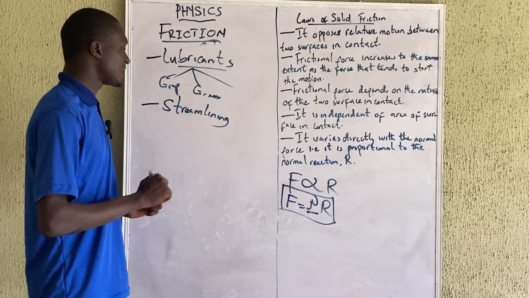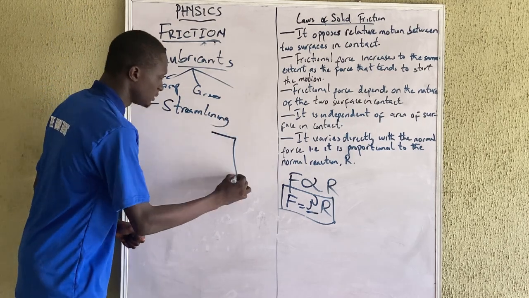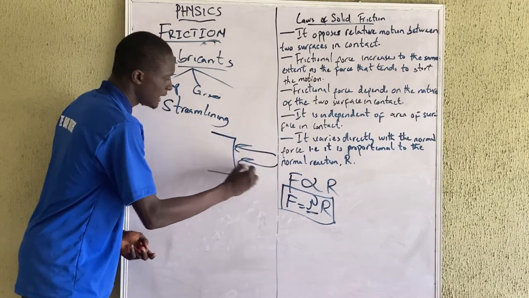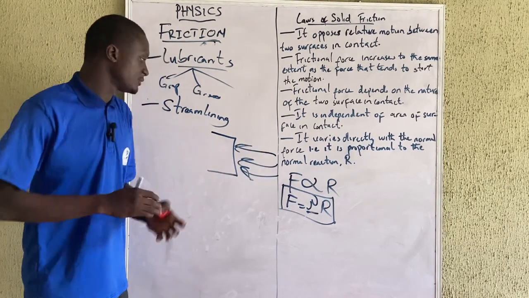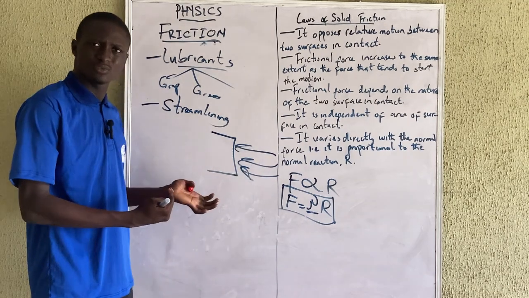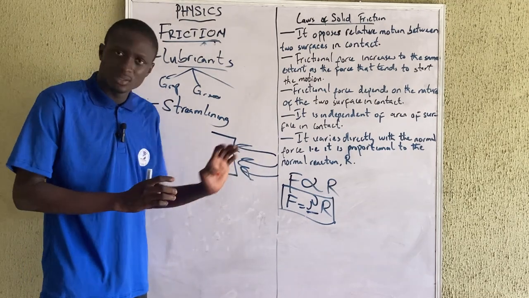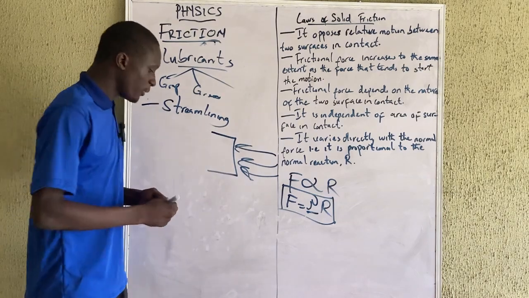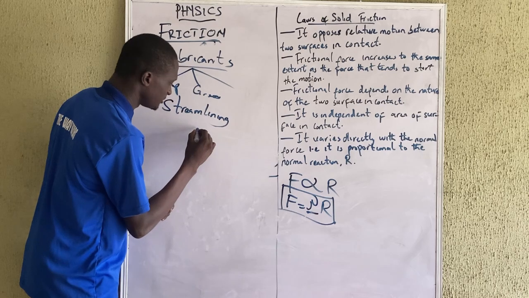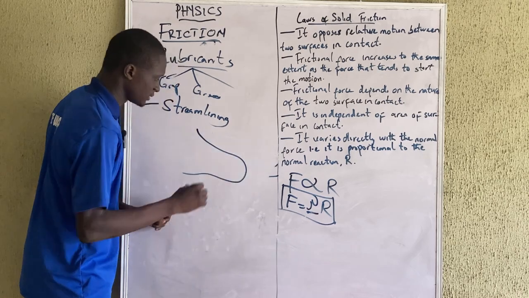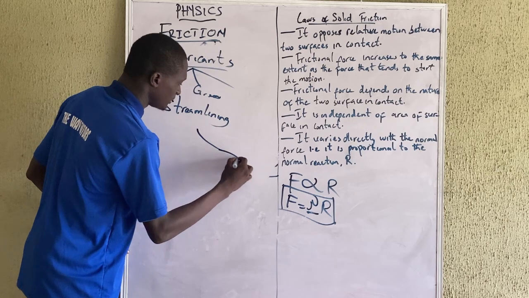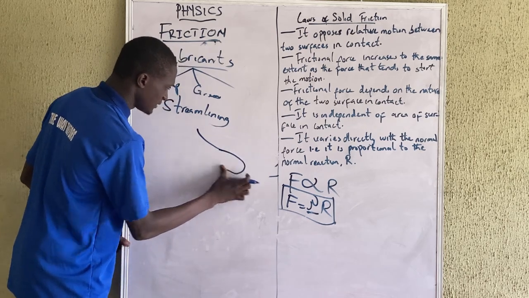Let's say for instance the shape of an aeroplane is like this, and when the aeroplane is moving, you have air moving in this direction. It will cause friction, then it will reduce the forward movement of the airplane. But when the airplane is streamlined, it looks something like this, if I can draw that well.